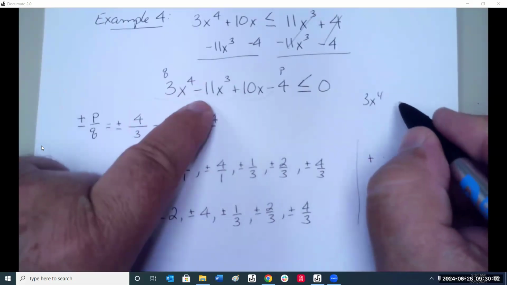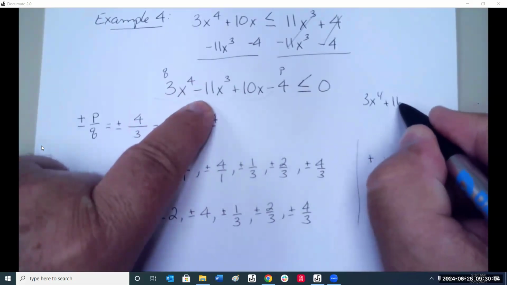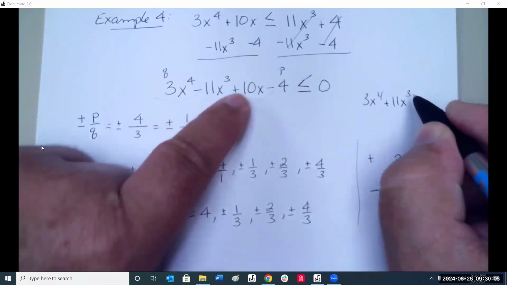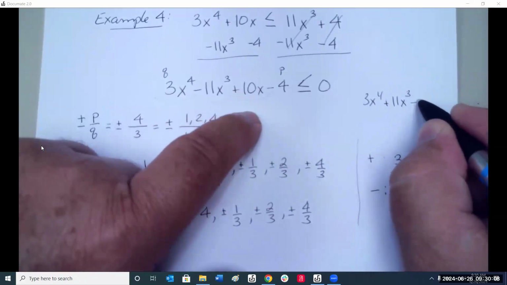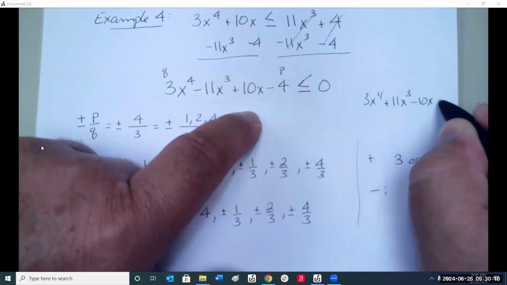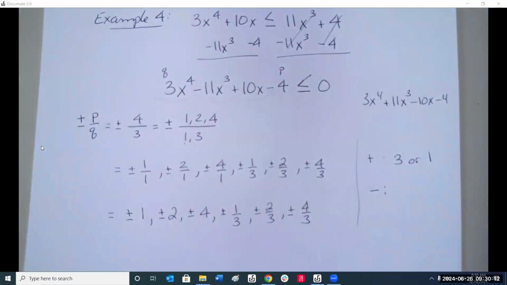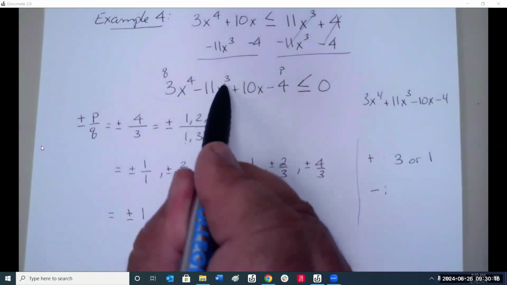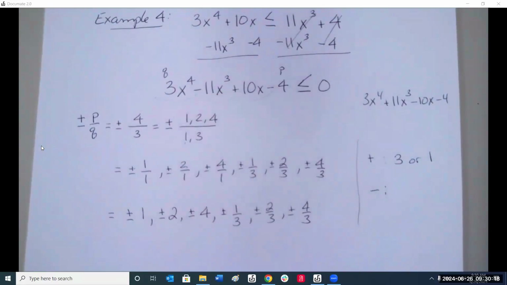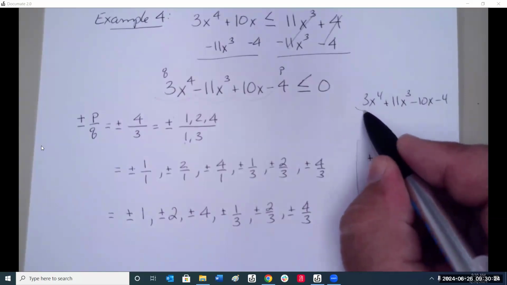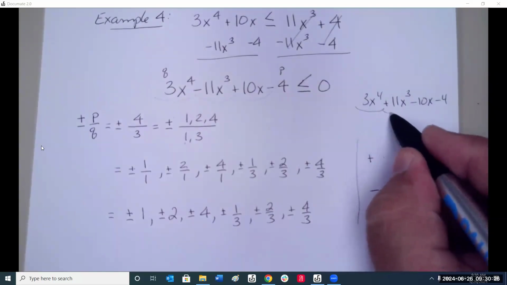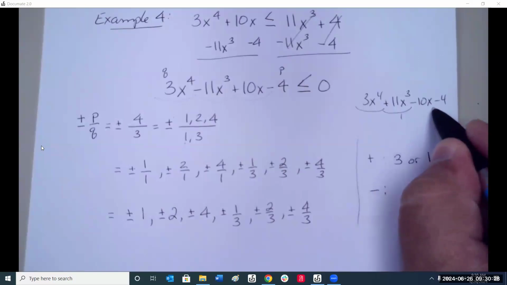That's an odd exponent, so it changes to positive 11x cubed. That's odd, so it's minus 10x minus 4. So only change the sign in front of it if it has an odd exponent. Positive to positive, positive to negative, that's 1.